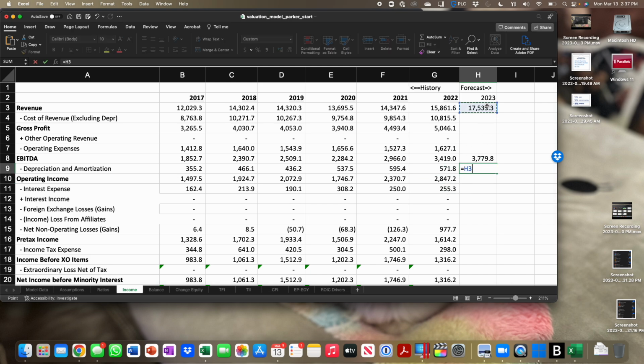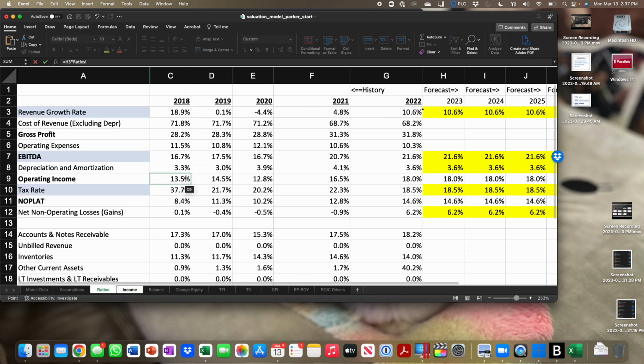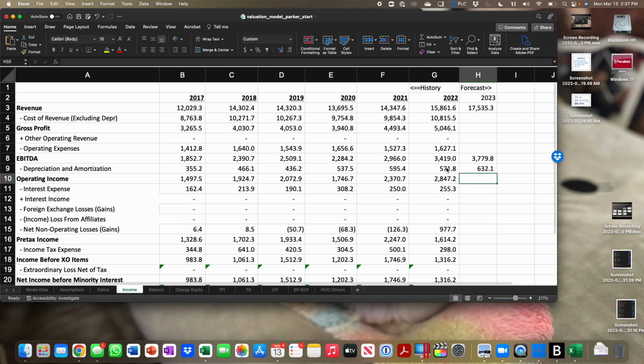Equals H3 times depreciation, which is H8, 632.1. Okay. If I subtract my EBITDA minus depreciation, I get my operating income. Equals H8 minus H9, operating income 3147.7. So very quickly, those ratios have created a forecasted operating income / EBIT for Parker Hannifin in 2023.